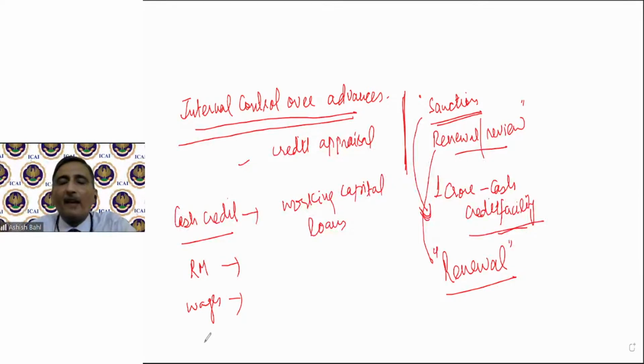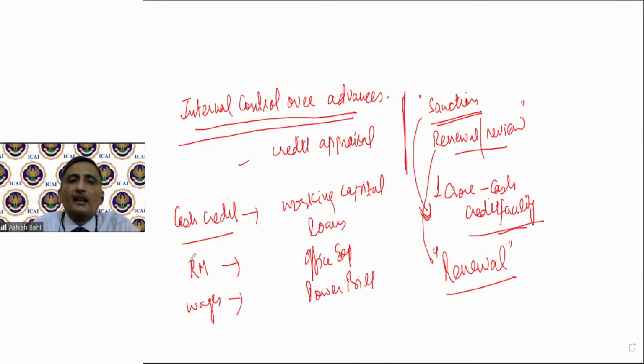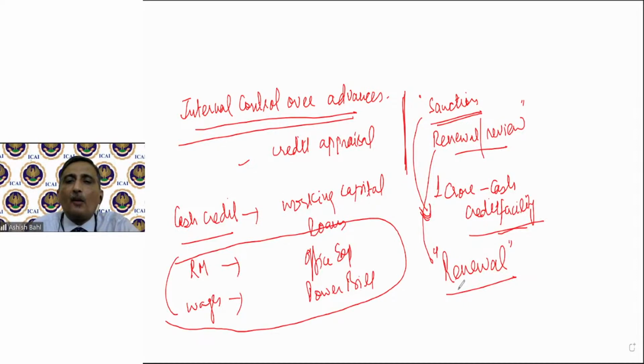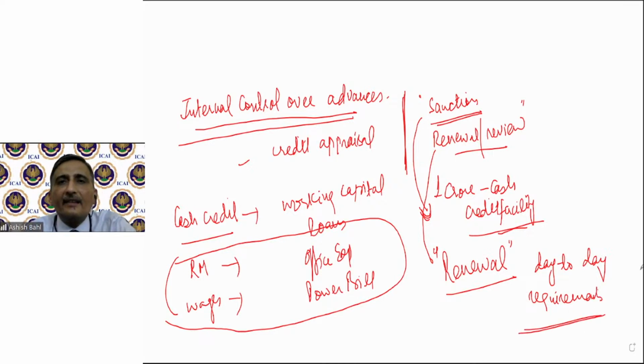It would need to pay wages every month. It would have to meet office expenses. It would have to pay the power bill. So all these expenses are for meeting the day-to-day requirements of the company, which we call working capital requirements.